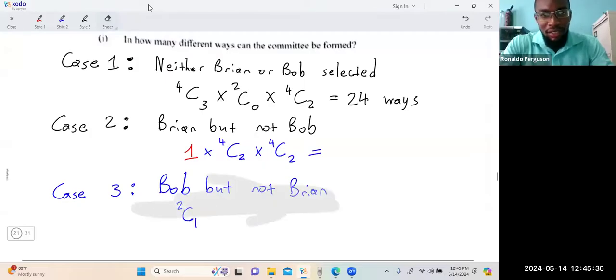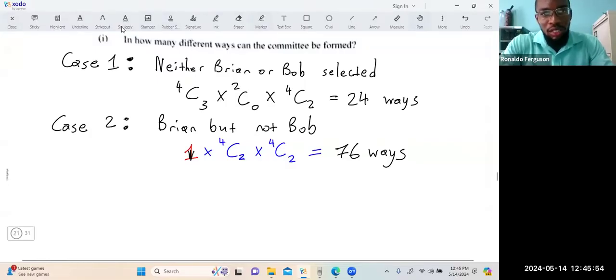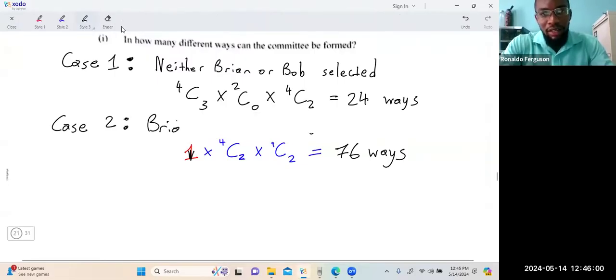You know what? I'm not going to write it as case 3. I'm going to write it as 2 cases. I hope you understand what I'm saying. This is 76 ways. And I'm just going to rephrase my case as choosing Brian or Bob, but never both of them.